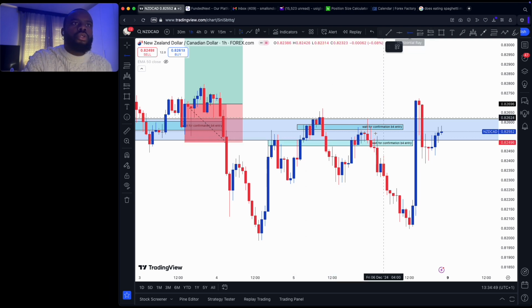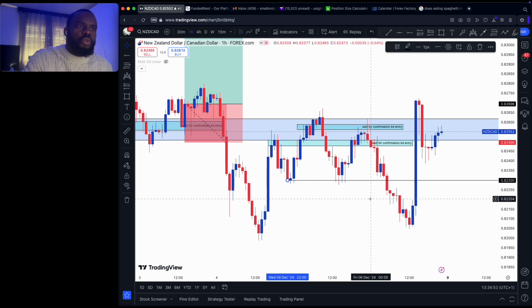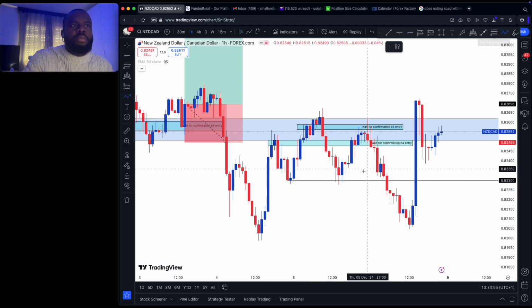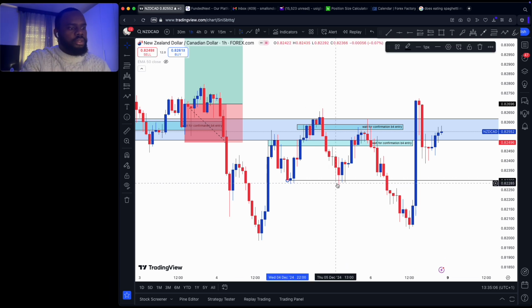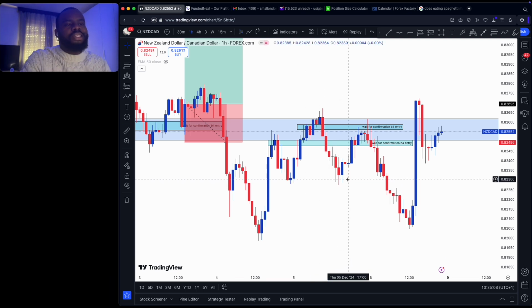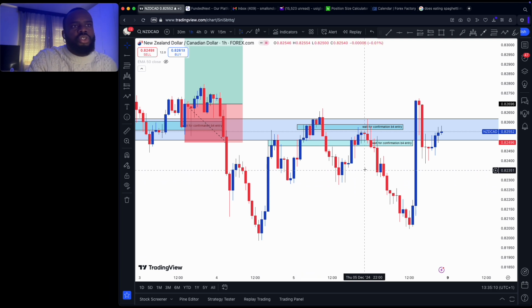But what made it not so clear to me was this low. I wanted price to break and close below here, then I'd look for my entry over here. But due to price trying to break this low and not being able to, I didn't have interest in the trade anymore.